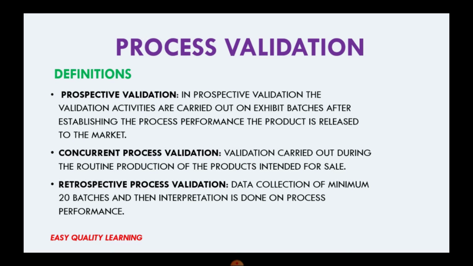Out of the batches we have executed, a minimum of 20 batches need to be taken, and their critical process parameters and critical quality attributes need to be trended, and from that the assurance needs to be gained that our process was correct. But this retrospective process validation is not much encouraged nowadays by regulatory agencies. So this is an outdated concept. Now people are no more using this concept.